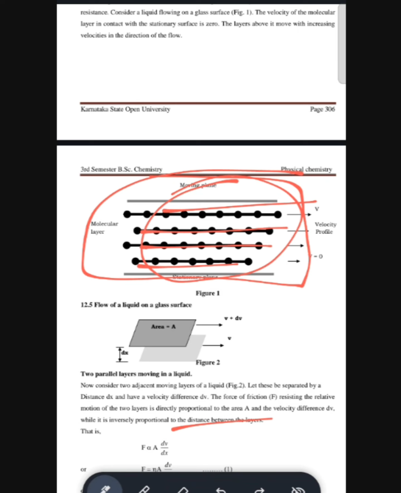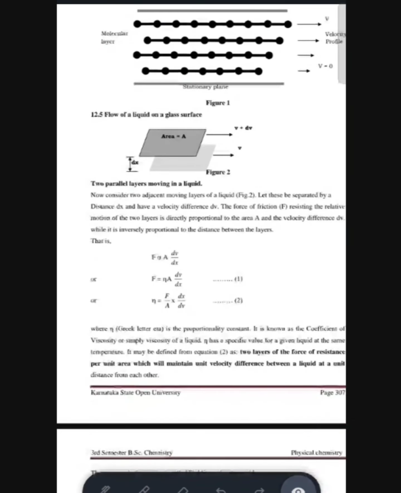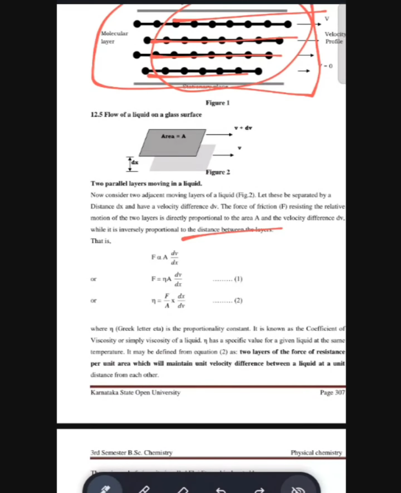Here the flow takes place as in the given figure 2. That is the area A, and the layers will be separated by distance x. Now consider two adjacent moving layers of liquid. There are two different layers of liquid, separated by distance dx, with a velocity difference dv.